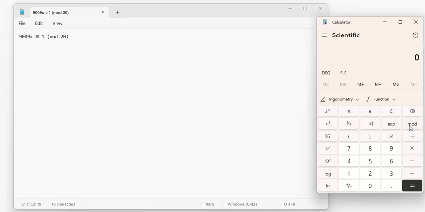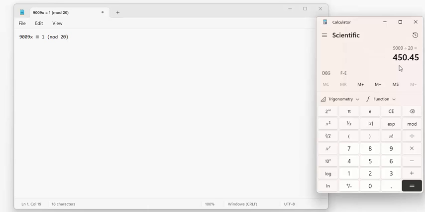Okay, so how to calculate remainder? Remainder is something that we get after dividing two things. What is left? That is the remainder. So we are calculating 9009 divided by 20. Now this is the result of division.